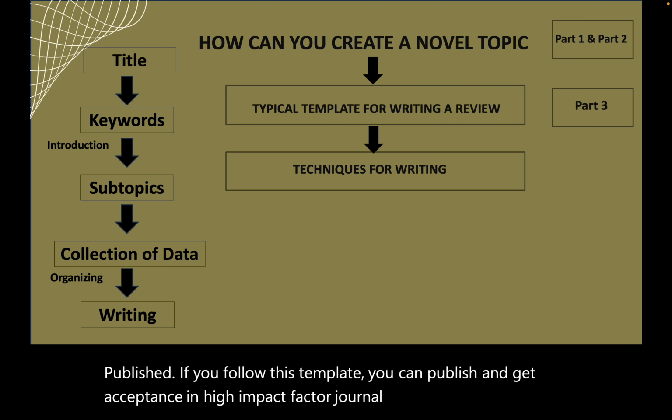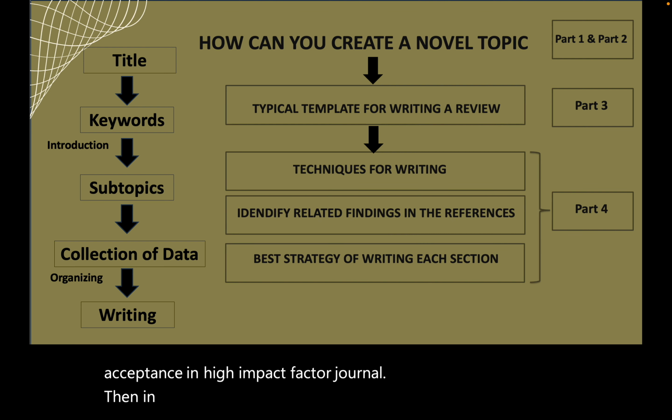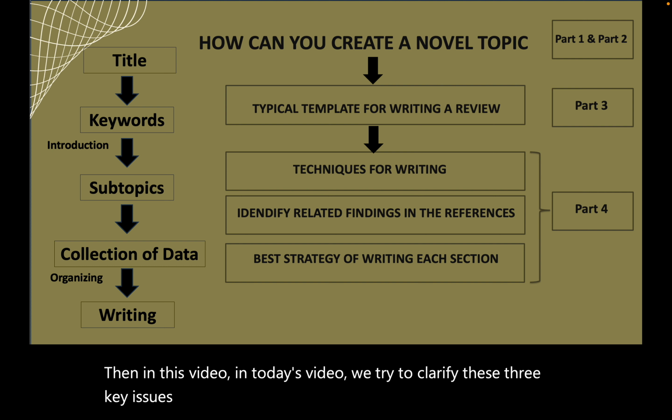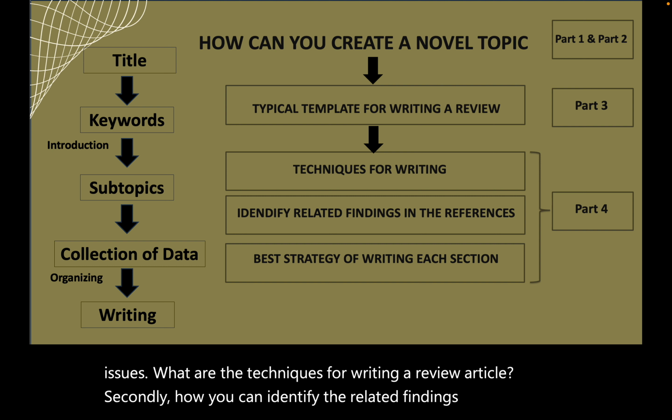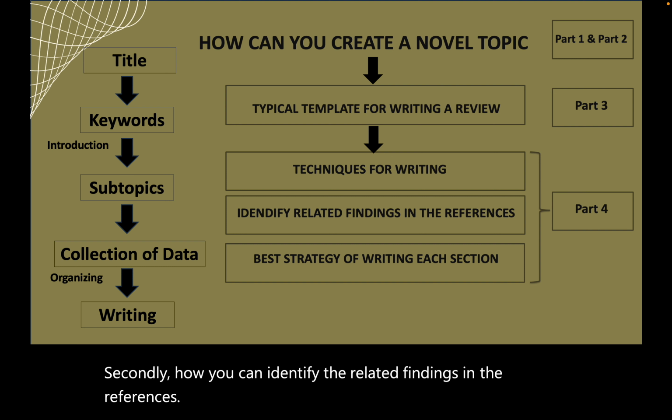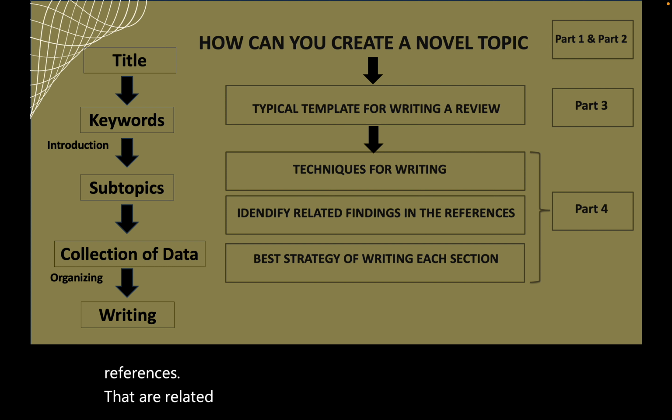Then in today's video, we try to clarify these 3 key issues. First, what are the techniques for writing a review article? Secondly, how can you identify the findings in the references that are related to each subtopic?